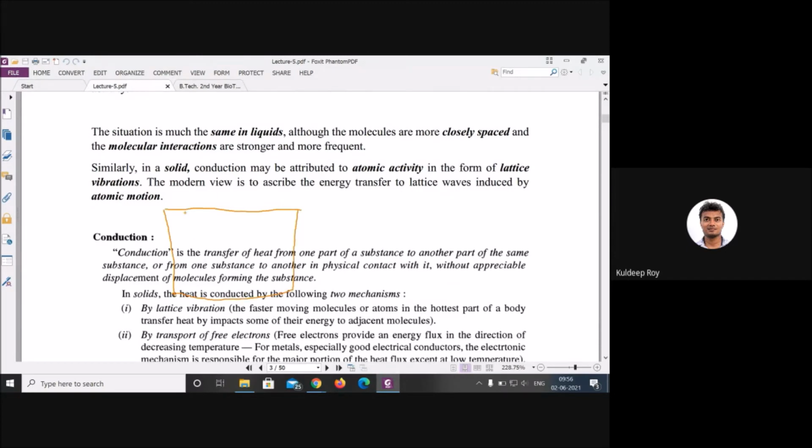what is the meaning of lattice? If you have iron, it has its own predefined structure, like it may be hexagonal, it may be cubical, depending on the size. The crystal structure of any atom or molecule can be described by lattices.